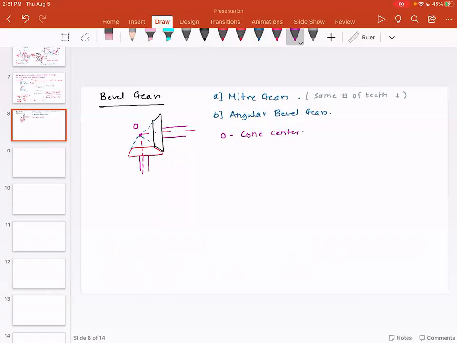So the cone center is where, if you were to project or extend the bevel gear profile, the bevel gears are going to intersect. Now, typically, if you look at the bevel gear design, they have something called the front cone and the back cone.